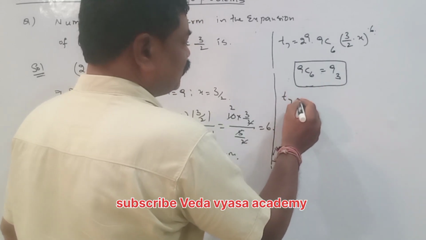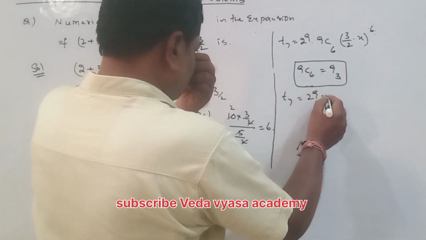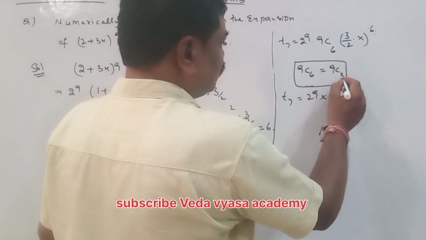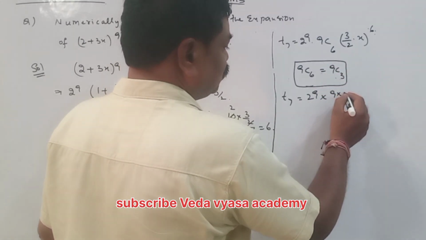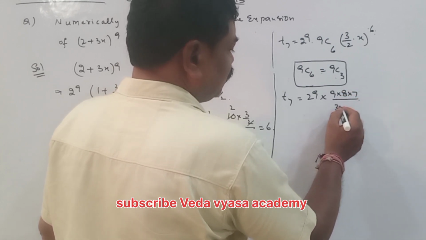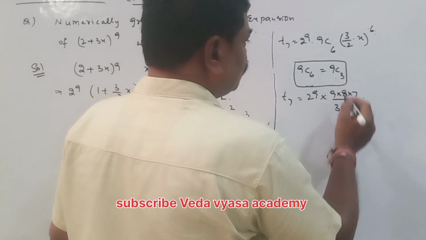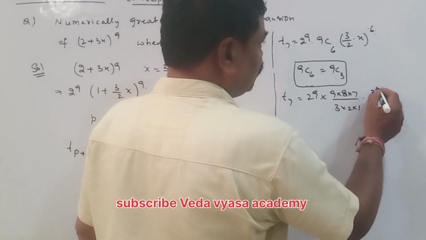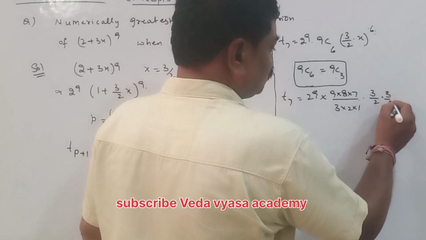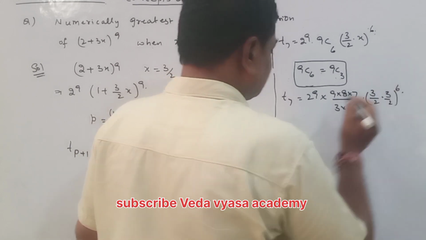So T7 equals 2 power 9 into 9 × 8 × 7 / (3 × 2 × 1) into (3/2) to the power 6.